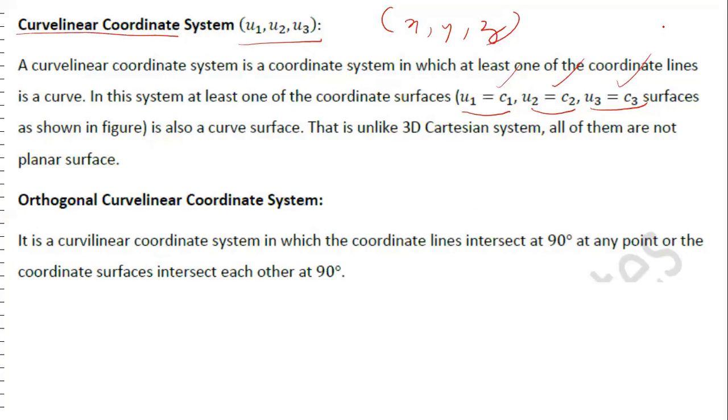Now, if the coordinate surfaces u1 equal to c1, u2 equal to c2, u3 equal to c3 intersect at 90 degrees, and the coordinate lines also intersect at 90 degrees, then such a coordinate system is called an orthogonal curvilinear coordinate system.